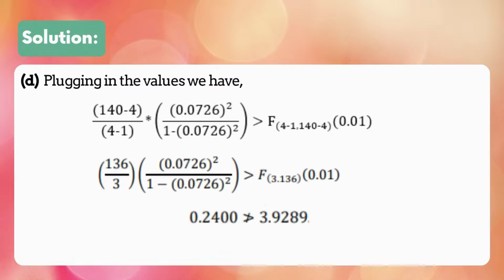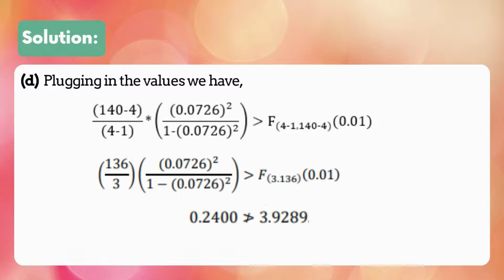Plugging in the values, we have (140 minus 4) divided by (4 minus 1) times 0.0726 squared divided by (1 minus 0.0726 squared), greater than the F tabular value with degrees of freedom 4 minus 1 and 140 minus 4 at 1% level of significance.